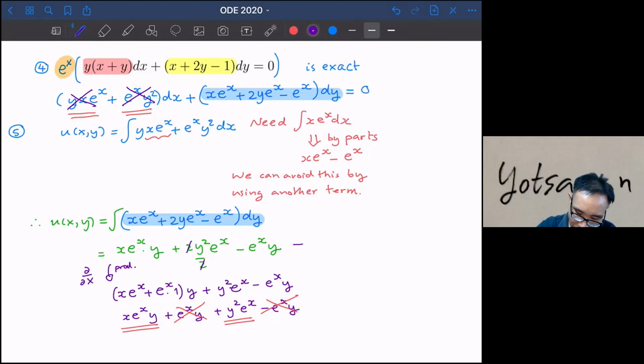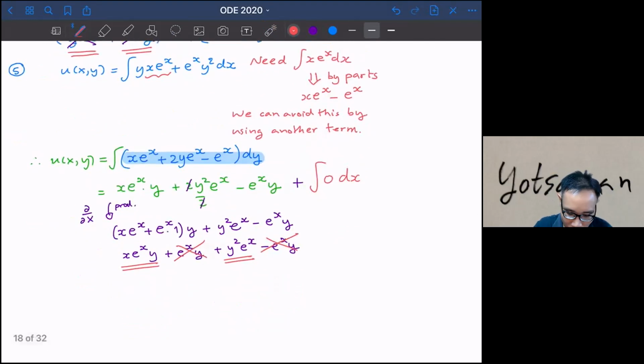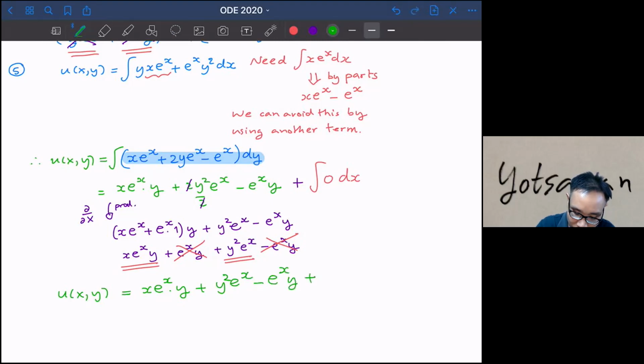So this ends up giving you integral 0 dx, and it turns out to be u equal to, so you have u(x, y) equal to x e^(xy) plus y squared e^x minus e^(xy) plus constant c.